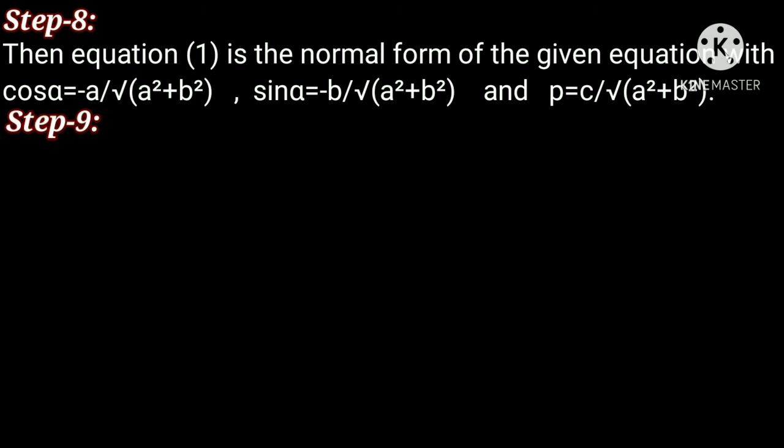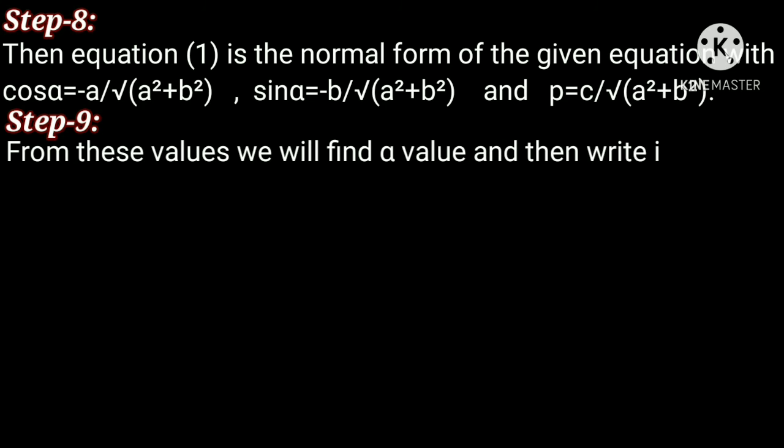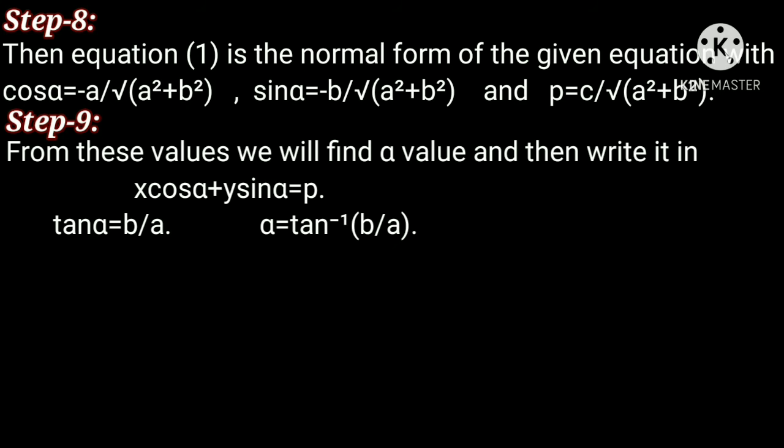Step 9. From these values, we will find the alpha value and then write it in x cos alpha plus y sin alpha equal to p. Then by using cos alpha and sin alpha values, we find tan alpha equal to b by a. From this, alpha equal to tan inverse of b by a.